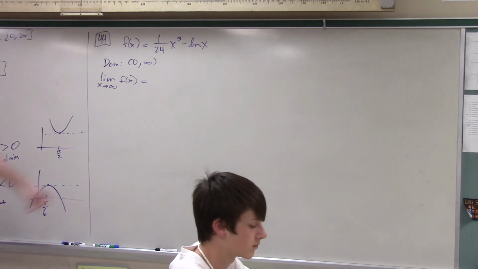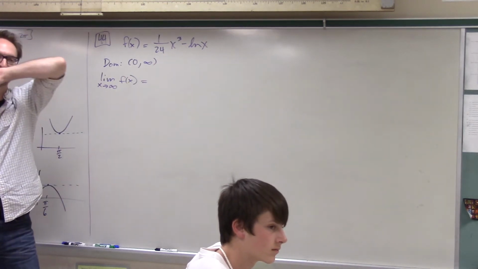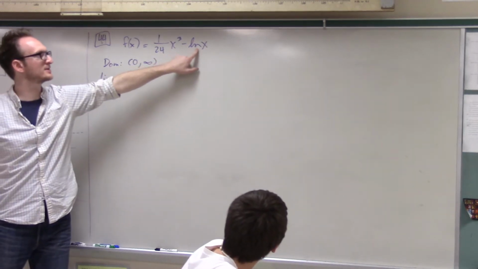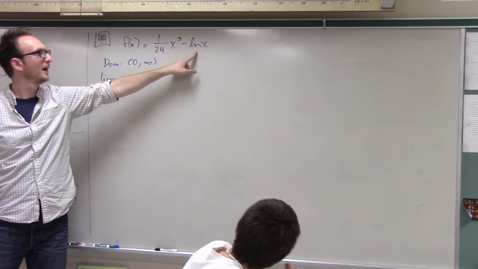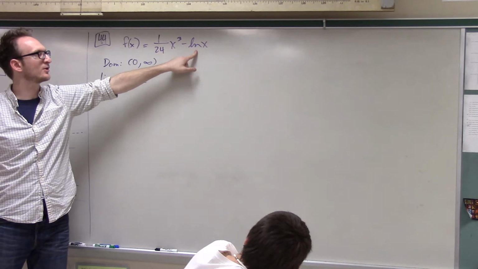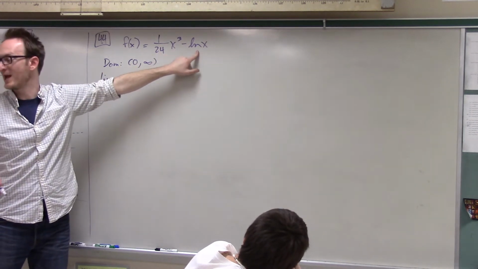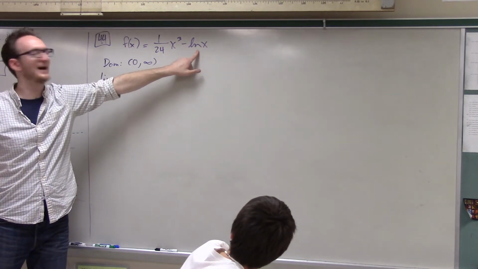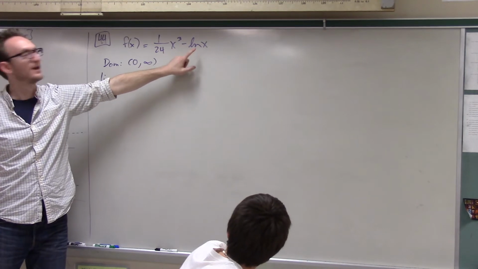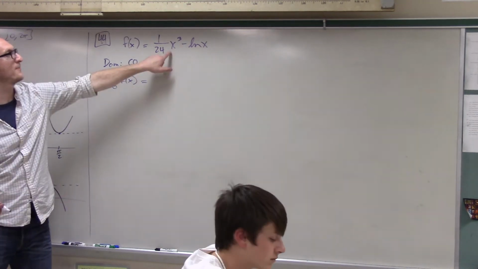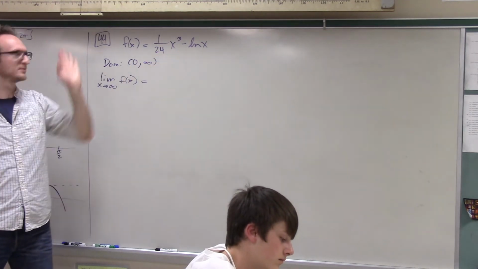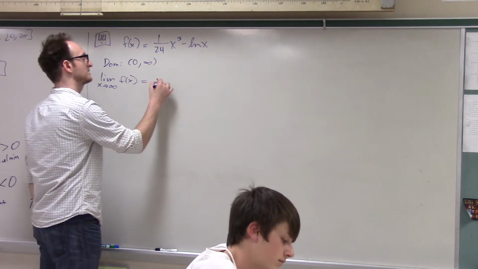Infinity, because ln is, remember we did this in pre-calc, the slowest growing function ever. It's growing slower than any polynomial whatsoever. So this is going to get bigger and bigger, this is getting bigger and bigger also, but no contest. So this is infinity.